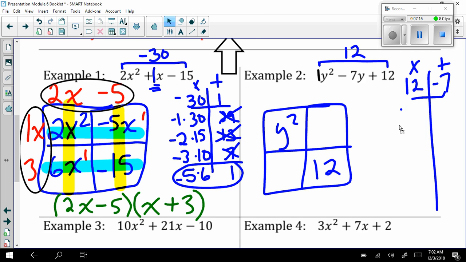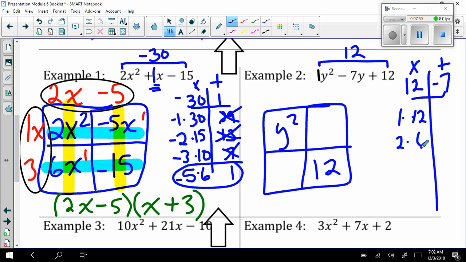I'm going to list my factors of 12 to start with. Here we go. So 1 times 12, 2 times 6, 3 times 4, 5 doesn't go, and 6 will start us over. So that's all my factors.